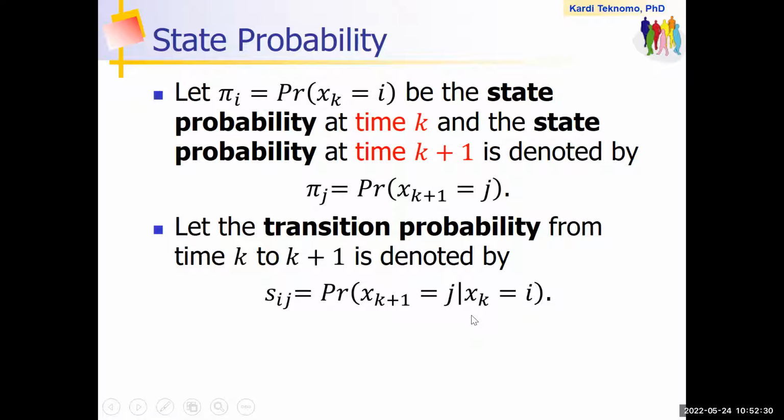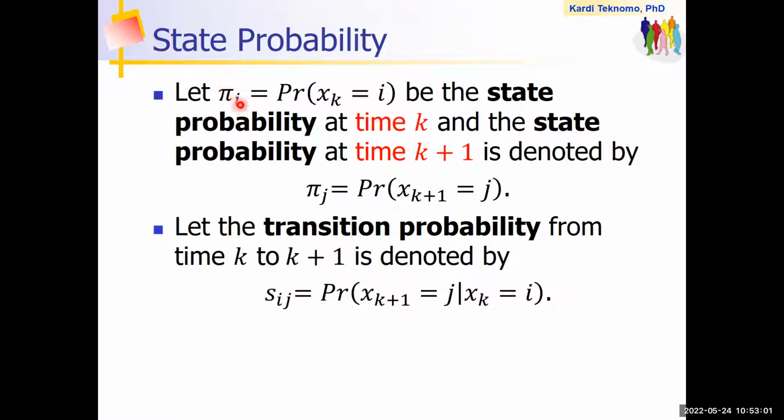So let's go to the detail on how you are going to predict. I use the notation pi here to show that this is the node probability, the state probability at time k.